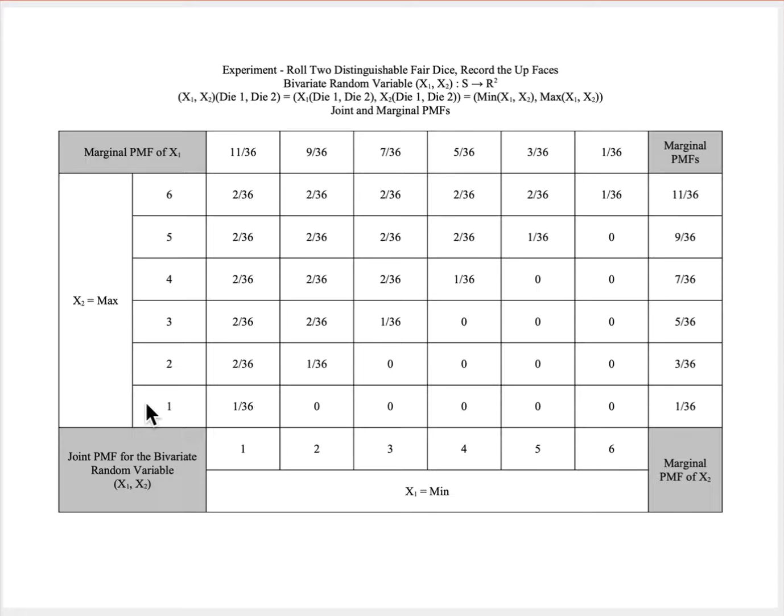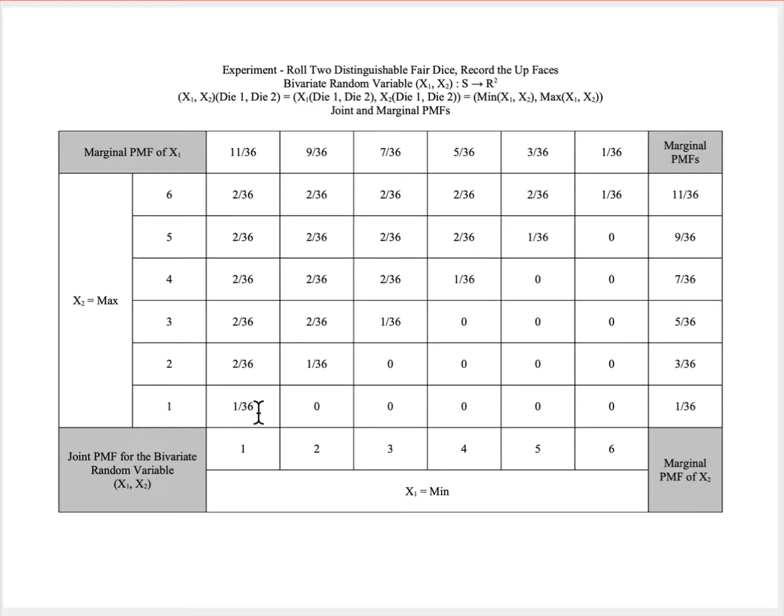And so, for example, when x2 is equal to 1, what we need to do is divide the values from the joint PMF of x1 and x2 by the value taken on by the marginal PMF of x2. Now, in this case, when x2, the max, is equal to 1, there's only one value that x1 can take on, and that is 1, because x1 has to be less than or equal to 2. And so to get the conditional PMF of x1 given x2, we're going to divide this joint probability by this marginal probability.